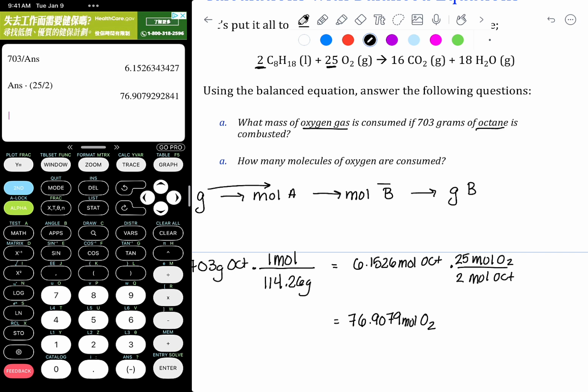So now that we're at moles of B, we want to get to grams of B, so we're going to convert from moles to grams using the molar mass of oxygen, which is 32. Okay, moles will cancel. I'm going to take that and multiply it by 32.